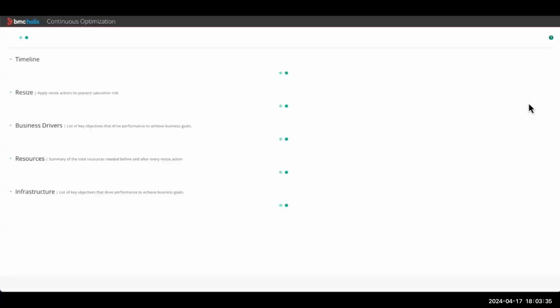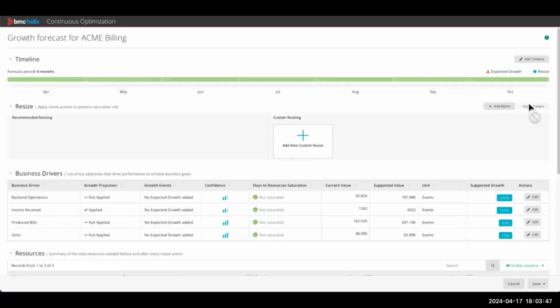So when I go in and run this simulation, what we're going to see is that we're taking into account both organic growth, but also future business events that may impact demand on this system.